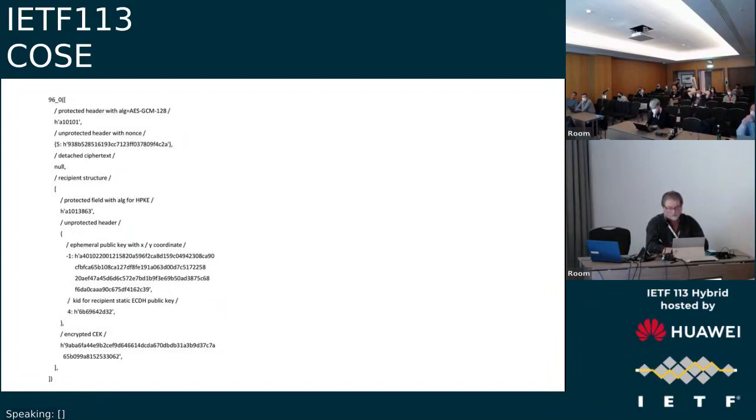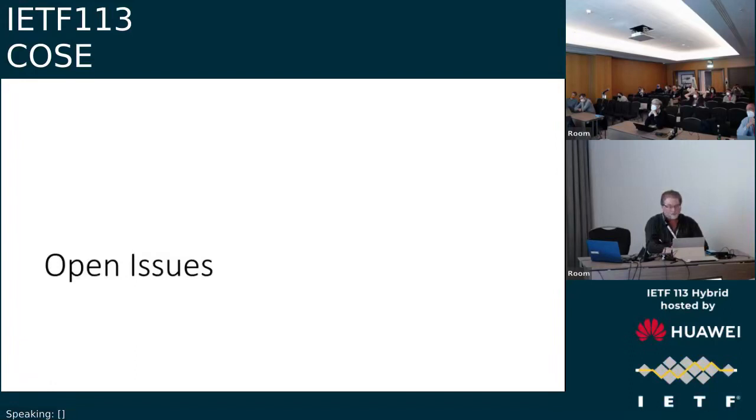And then the recipient structure, that's where the HPKE content goes, with obviously the ephemeral public key. And then finally the encrypted KEK, which is used to encrypt the outermost plain text. Okay, so that's what's currently in the document. It's a big change compared to the previous version. Next slide.